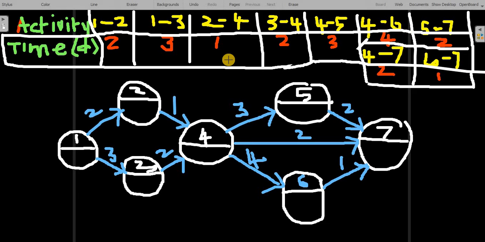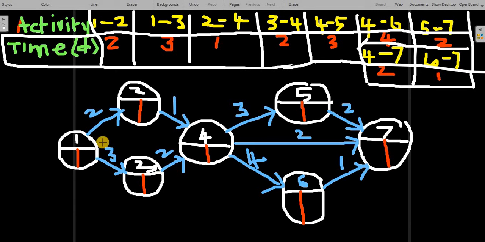Now our aim is to find out the earliest time and the latest time. That is what we have to calculate first. So I am dividing the lower half of each event into 2 parts. The first event, the second event, the third, fourth, fifth, sixth and seventh, I divide each into 2.